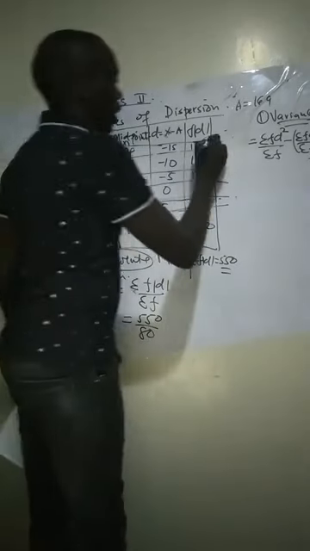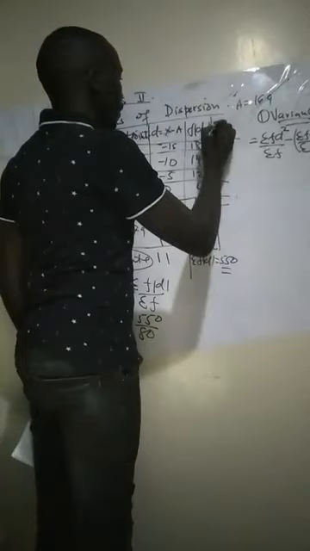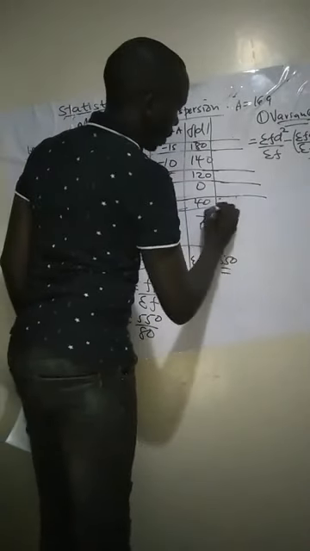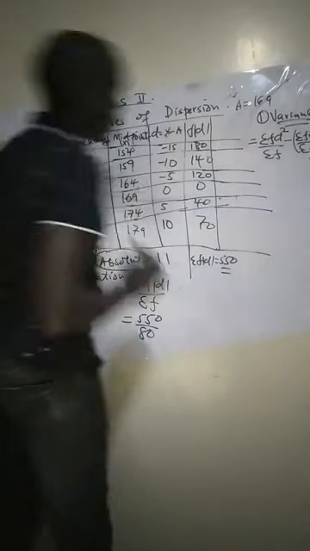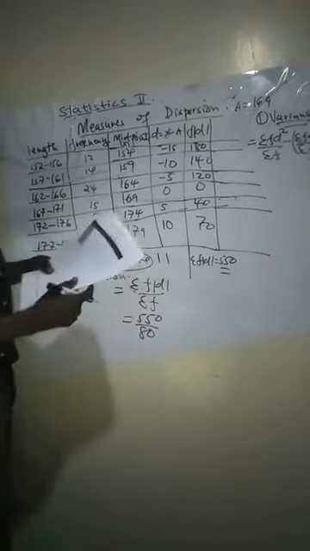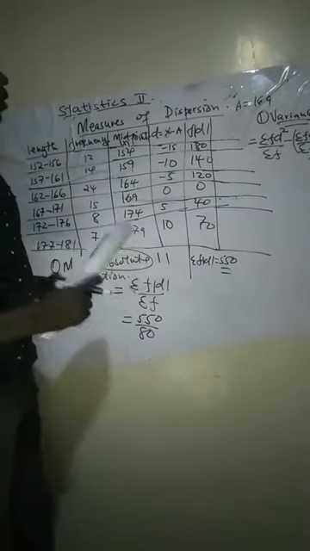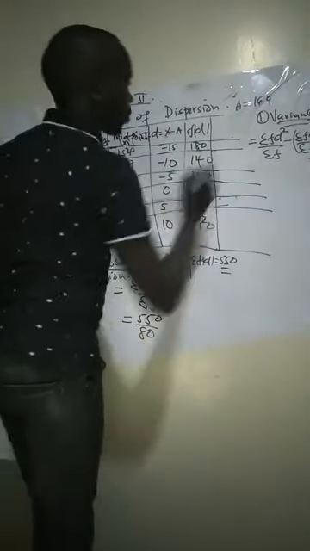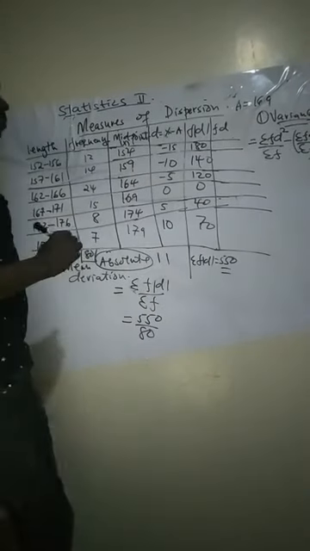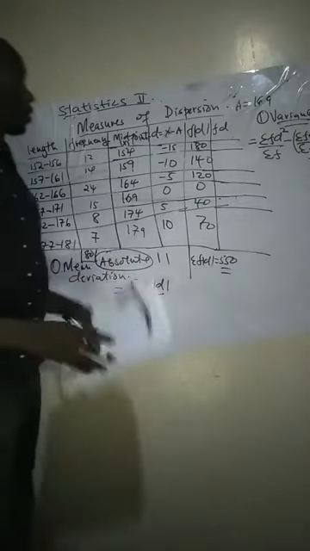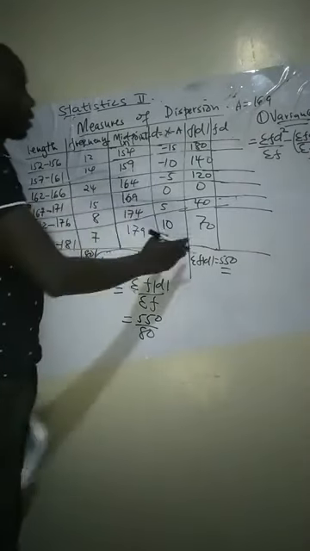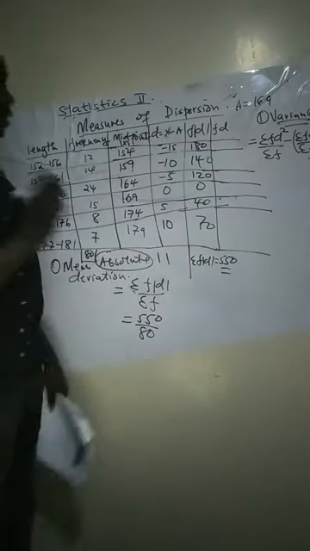So in this case, just look at the table. Like I said, in this topic, one thing that is very, very important is the formula. So I need D squared. In the case of FD, you can easily do that. FD is F times D. So it's all this, only that we take care of the signs.